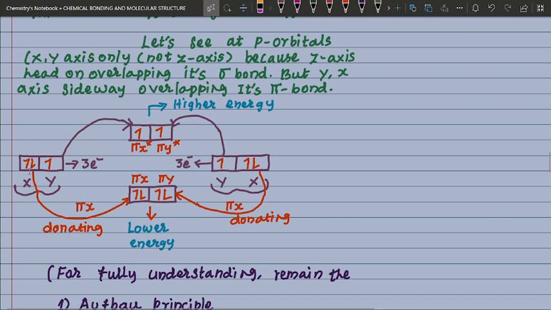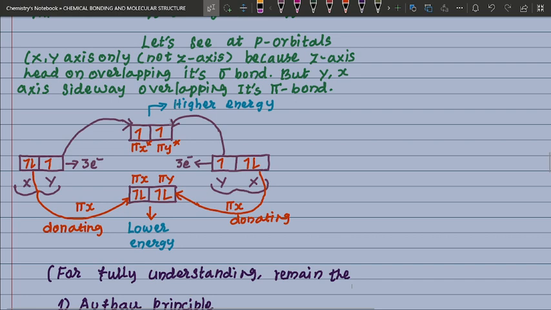Here these two electrons are going to jump here. These two electrons are going to jump here. Here see carefully, this is y x, so totally 3 electrons. Here x y, totally 3 electrons.